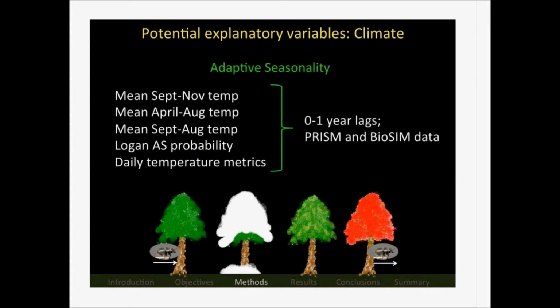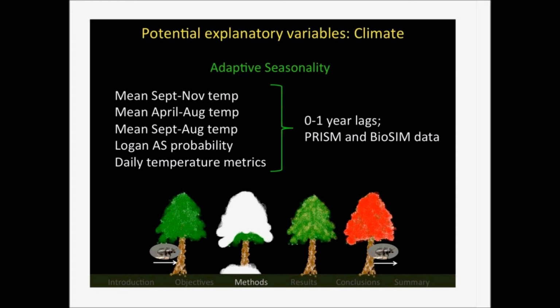For climate, we represented the process of adaptive seasonality with several variables using average fall and spring temperatures. And this comes from 800-meter PRISM data. We also used the Logan Adaptive Seasonality Probability, which is a process model developed to estimate the probability of a 1-year life cycle with synchronous development and mass emergence, and several daily temperature metrics that describe length of cold snap and beetle development days similar to growing degree days.